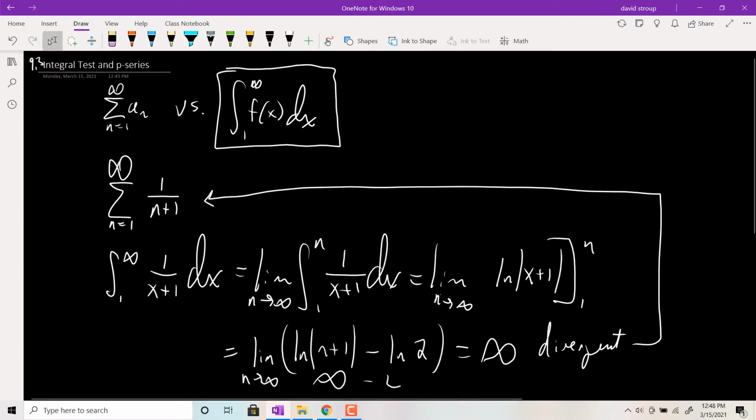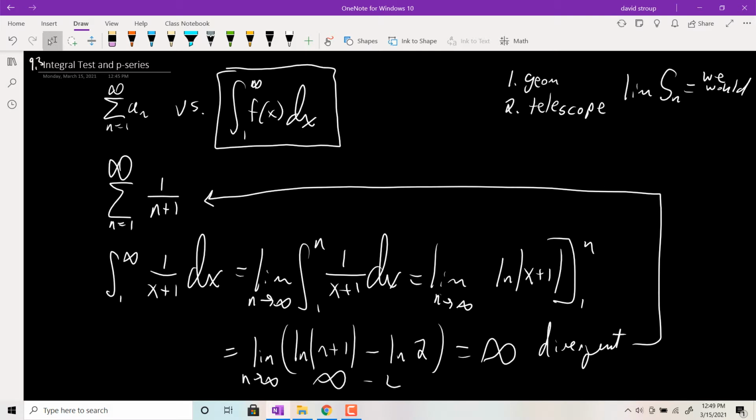Okay, so it's not the case where it'll tell you what it sums up to. In the previous section, we had the geometric series, we had the telescoping. In those cases, we could actually figure out the limit of the partial sums. Here, that's not going to be the case. Even if you can figure out the integral, that answer will not necessarily be the same as the sum of the series.